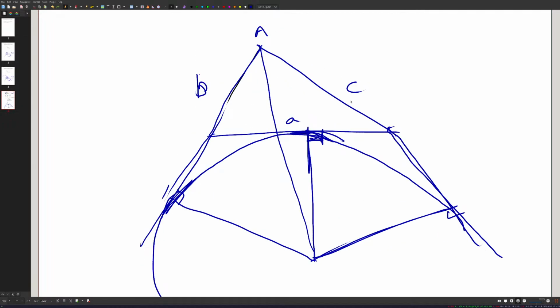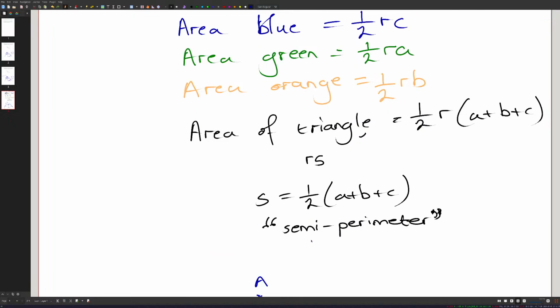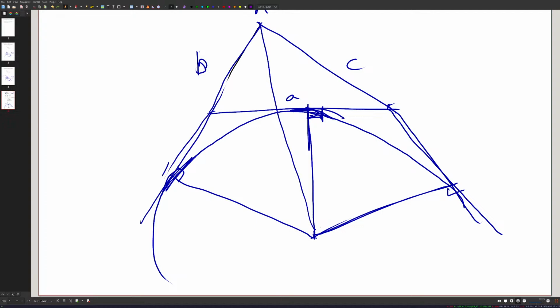And so we're again going to work out the area of this triangle, but this time how we're going to do it is in terms of, let's make it purple since I've already used blue.